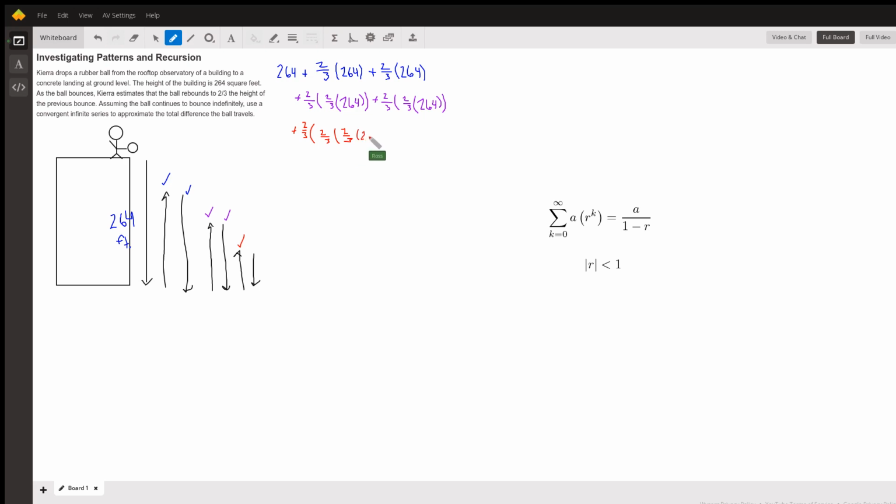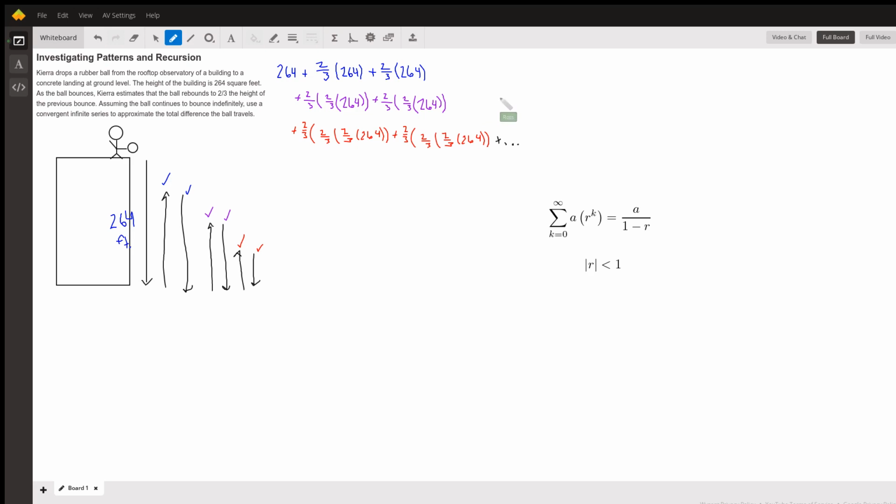I'm just taking the last distance and multiplying it all by 2/3. And then to get us back down to the ground, I would take that same exact value and add it on again. And this process would repeat over and over and over infinitely. I'm just going to put some ellipses here, dot, dot, dot, because again, just numerically, we're never going to get to zero. So we'd have to sit here doing this for the rest of our lives and we'd still not be done.